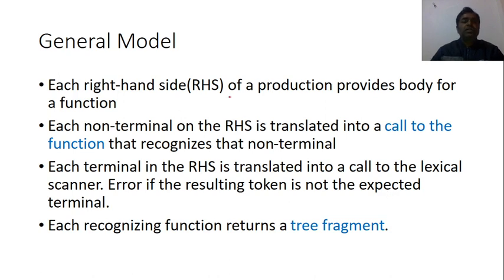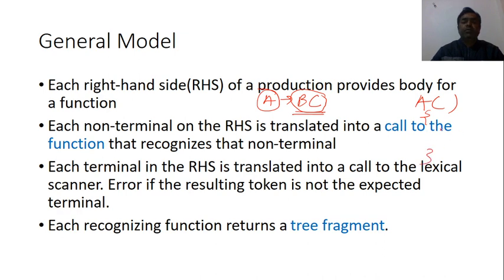Each right hand side of a production provides the body for a function. Suppose there is a production A derives to BC. The right hand side of this production, BC, provides the body of the function A. That means you will write a function A, and inside the body of this function B and C will be mentioned.